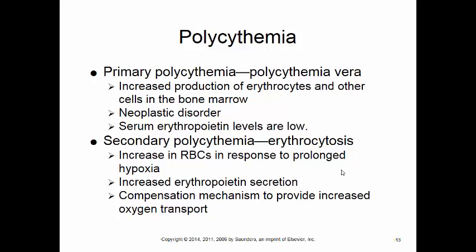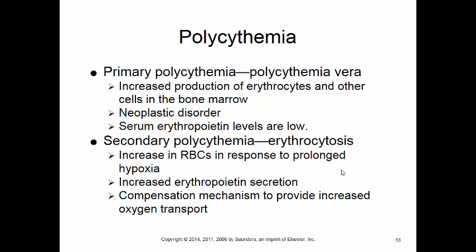So polycythemia vera, which is the primary, is where we increase the production of the erythrocytes and other cells in the bone marrow. So we're making too much. And this is a neoplastic disorder, which is like a cancer. It means new cells being made. It's more of a cancerous type of situation, but it's not cancer.